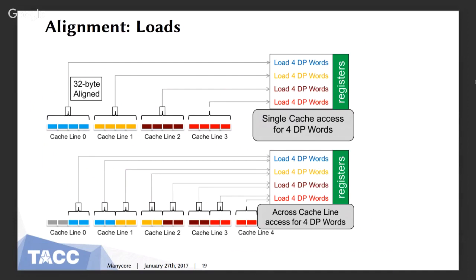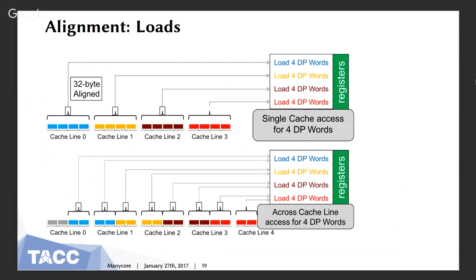How it looks if the data is unaligned is on the bottom here. The gray squares are just empty parts of the cache. And then my data element starts on the third block of cache line 0. Unfortunately, it spreads out into cache line 1.